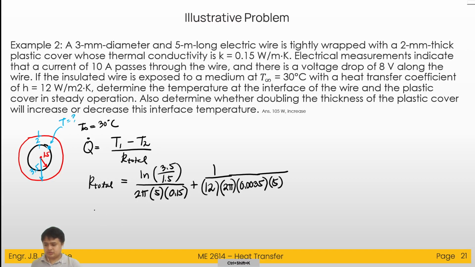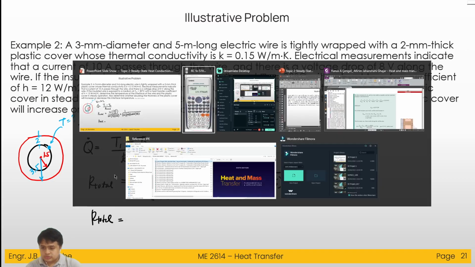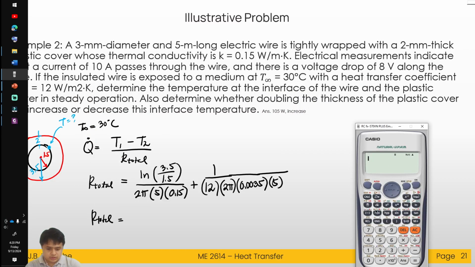Okay, so to find the R total here: as you notice, I didn't change the units of 3.5 and 1.5. You can convert that to meters, but since they will cancel out, I didn't change the units for the ln portion of the formula.